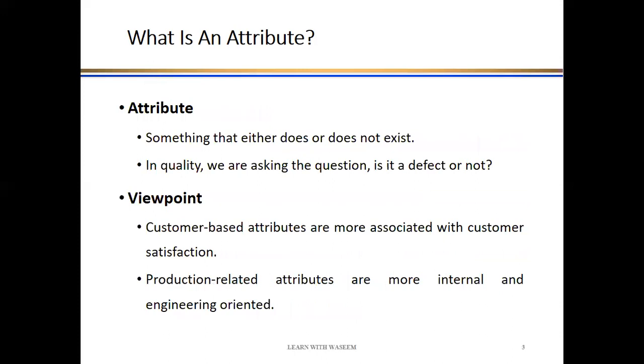As we have discussed, we have customer-based attributes and production-related attributes. Customer-based attributes are more associated with customer satisfaction, whereas production-related attributes are more internal and engineering-oriented. Both types of attributes are important.